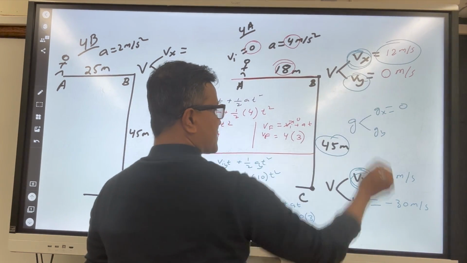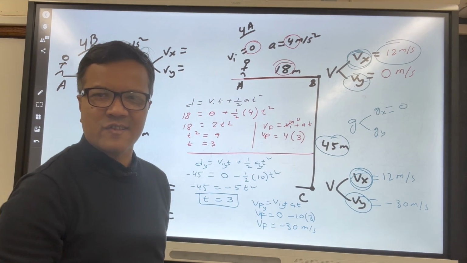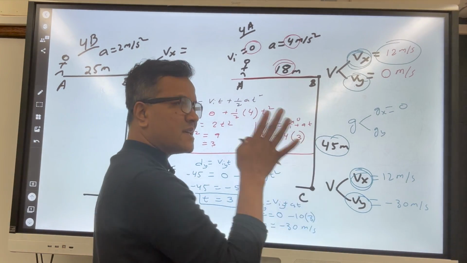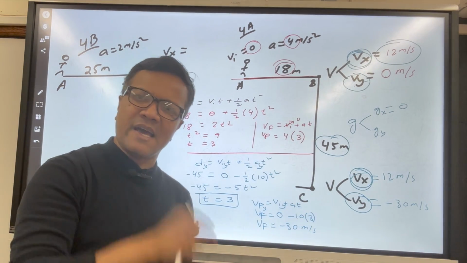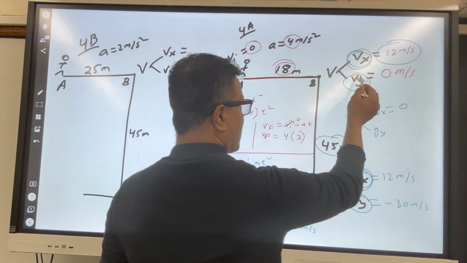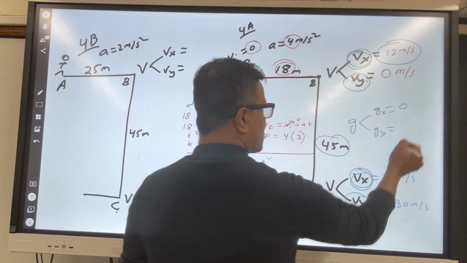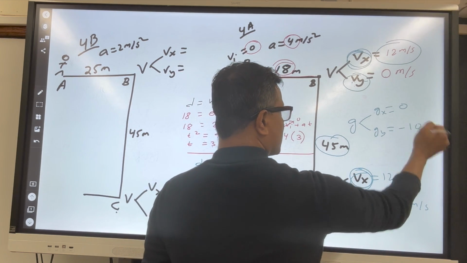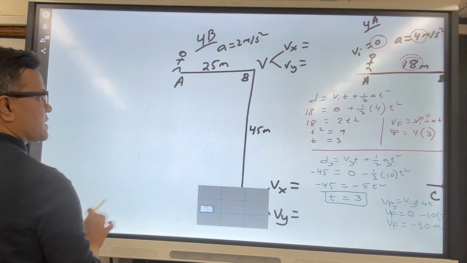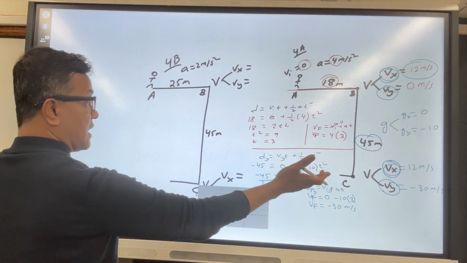Velocity in the y direction, or rather speed in the y direction, changes because acceleration due to gravity in the y direction is negative 10. Okay, good. So now let's see whether this one can help you understand something over there.